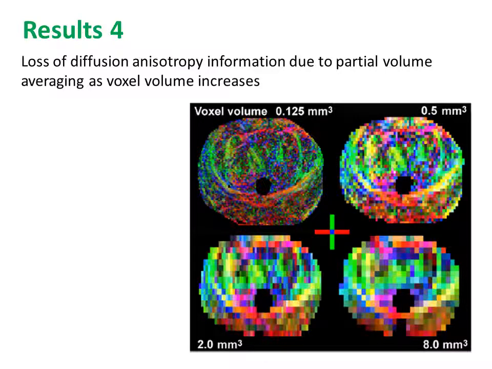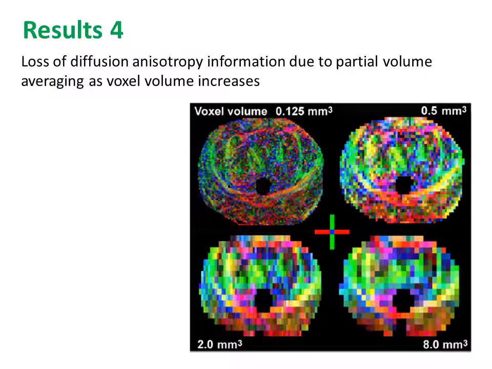So another way to illustrate this change in FA as the voxel size increases, here we show the orientation of the principal eigenvector at 4 different spatial resolutions. At high resolution we can see quite a lot of heterogeneity throughout the prostate. As we go up in voxel size, we can see this heterogeneity starts to disappear, and we get a lot of averaging out, a loss of that anisotropy information that's present on the high spatial resolution scale.